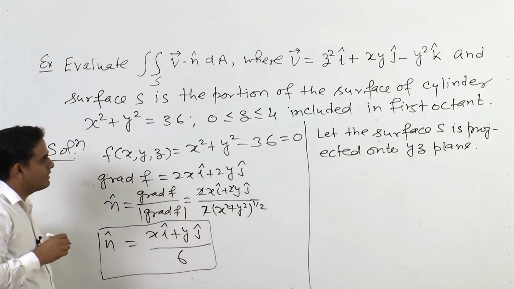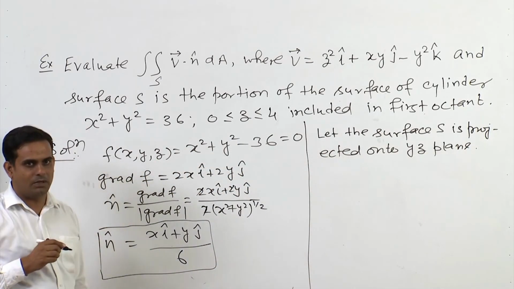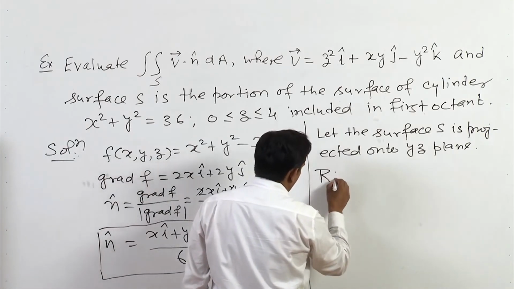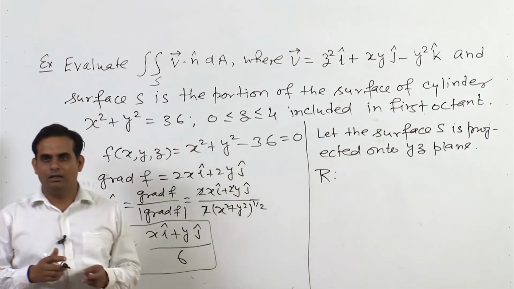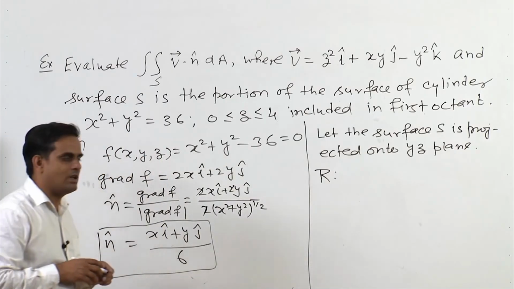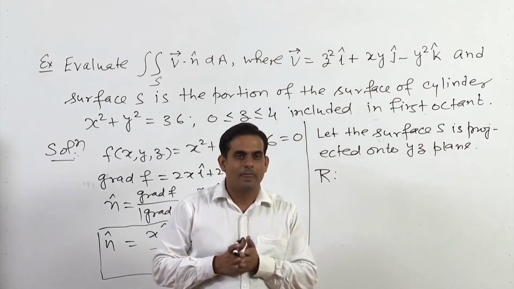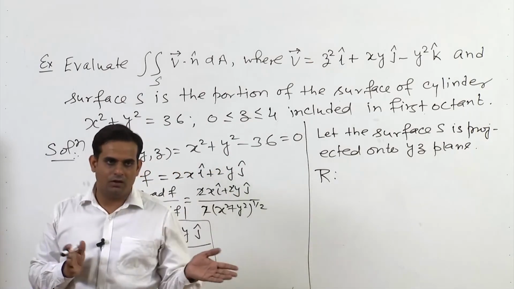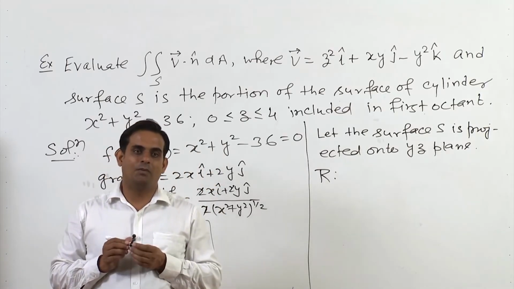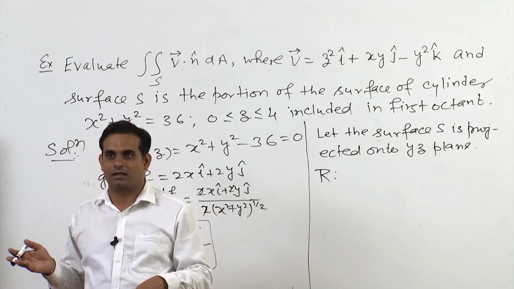Let the surface S be projected onto the yz plane. Then what will be my region R in the yz plane? It is a cylinder, x² + y² = 36, with z going from 0 to 4, and y going from 0 to 6.